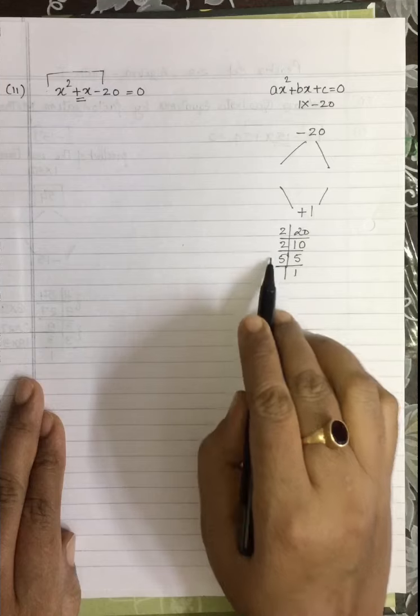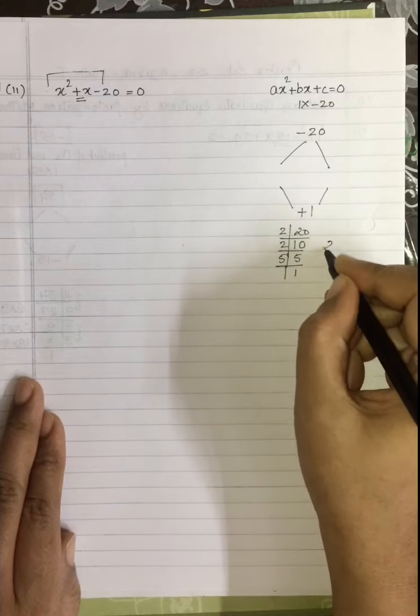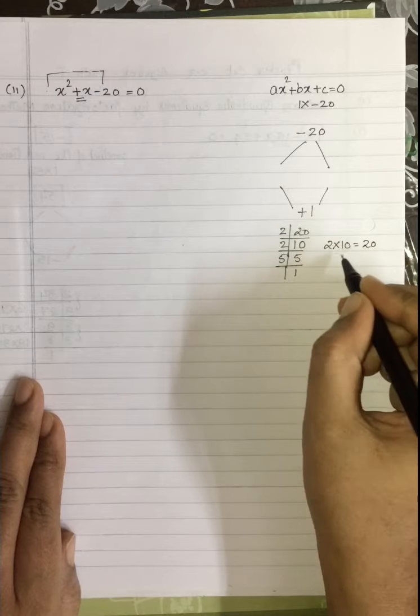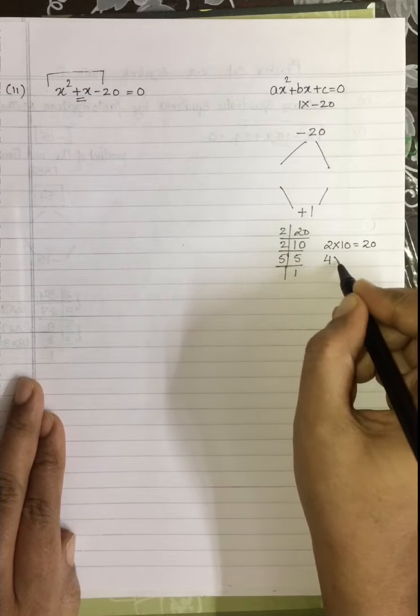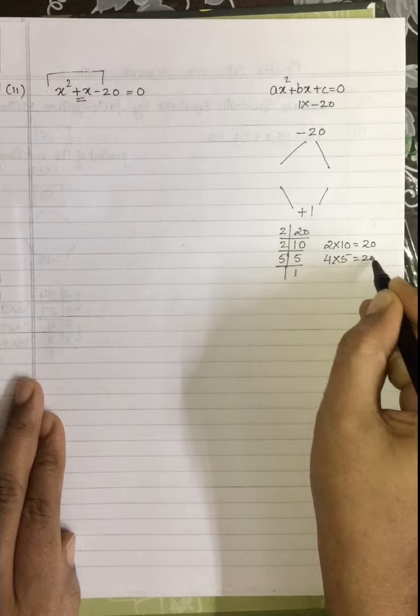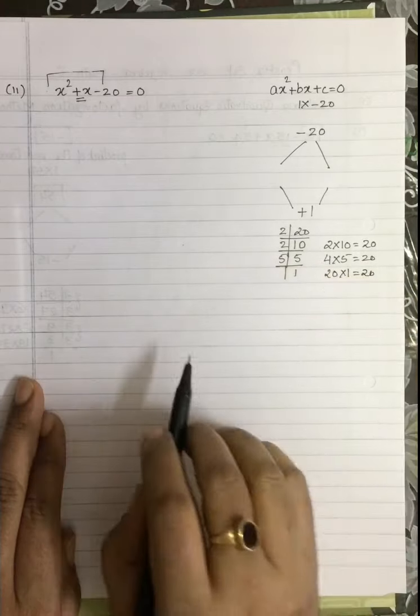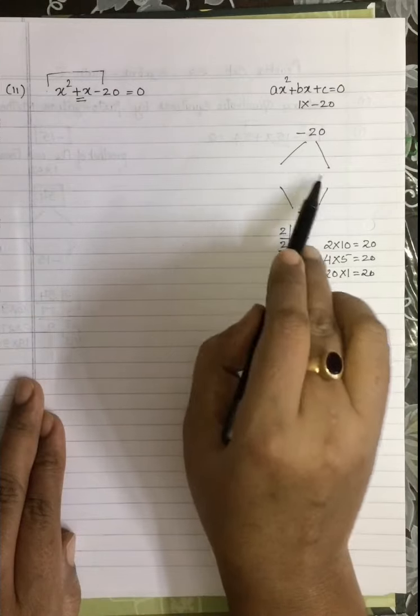So there are n number of ways: 2 into 10 gives you 20, even 4 multiplied by 5 gives you 20, even 20 multiplied by 1 gives you 20. But which one is possible over here?